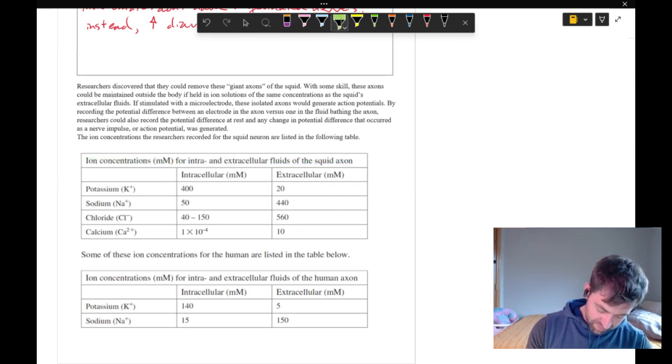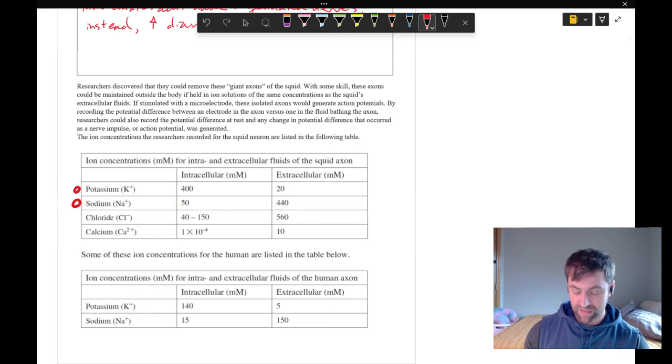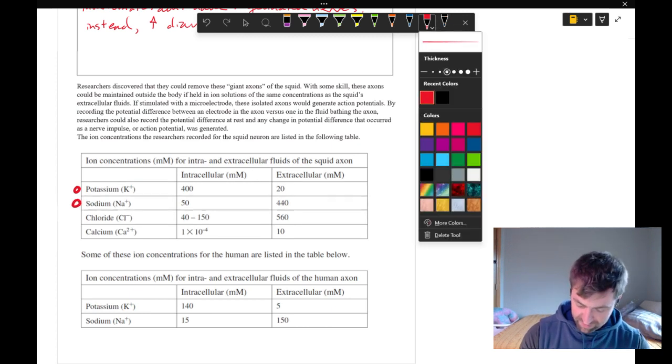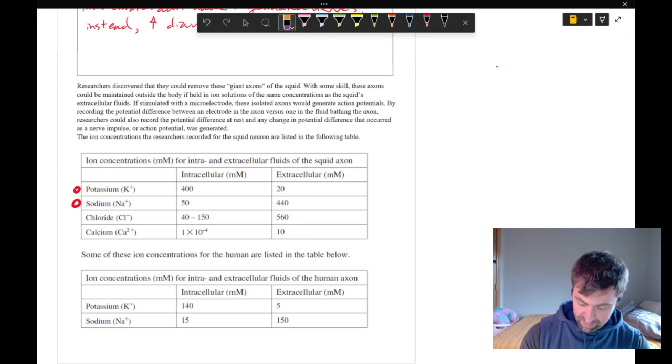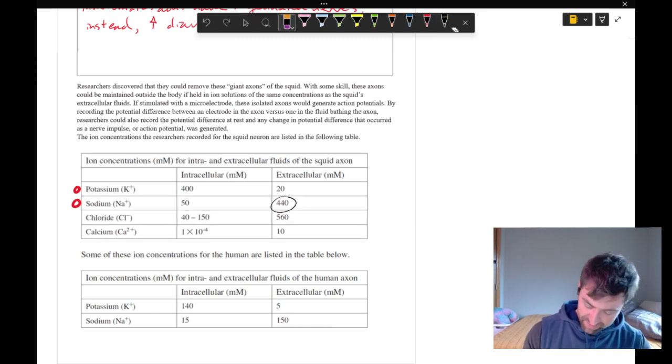We have our different ions here. The ones that we are going to be paying the most attention to for this live stream, at least, and probably in your class, are potassium and sodium. You'll notice that potassium is very high on the inside relative to the outside, while sodium is very high on the outside.